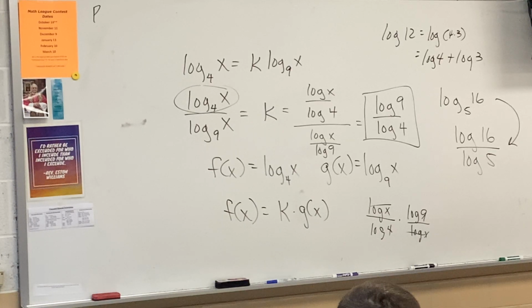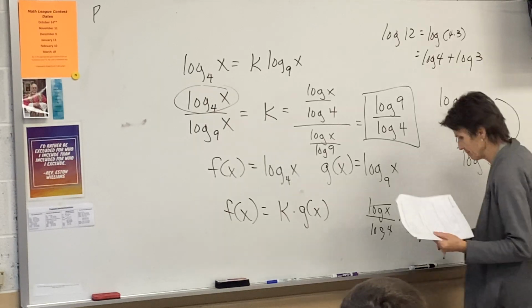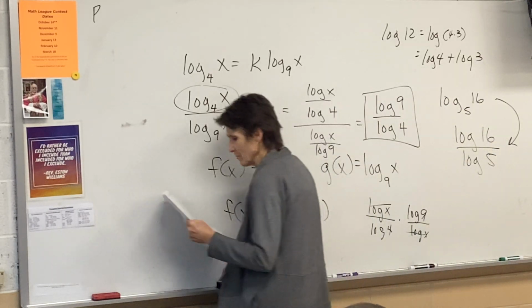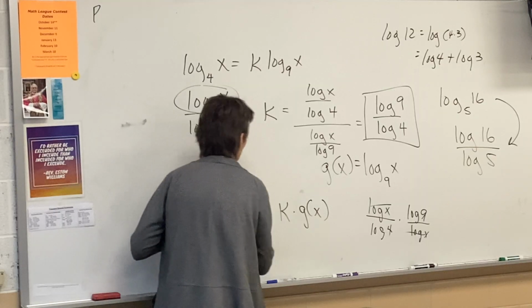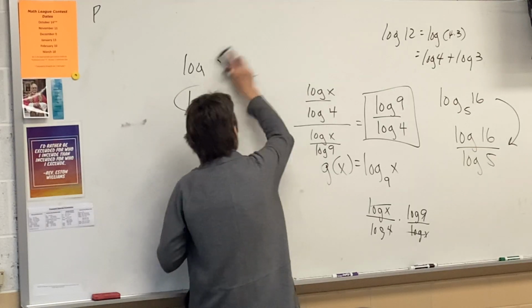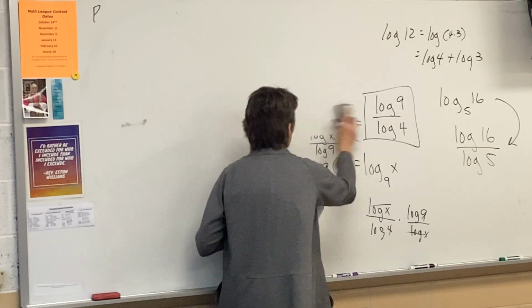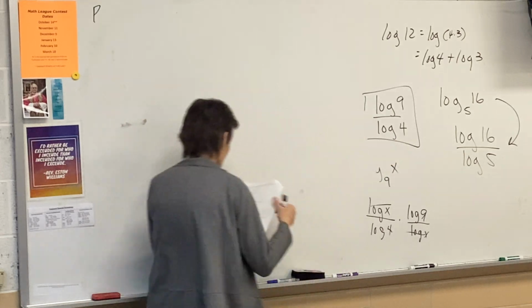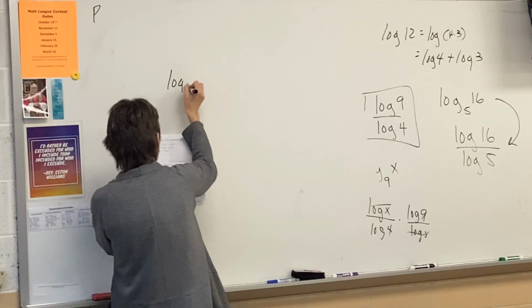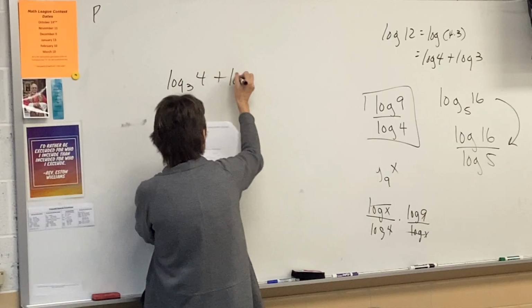Let's turn it over. Number 1, condense this expression. Remember that base is irrelevant as long as they're all the same. If they're not the same, we have to use our change of base formula to make them the same, but these are all the same, so we're good.